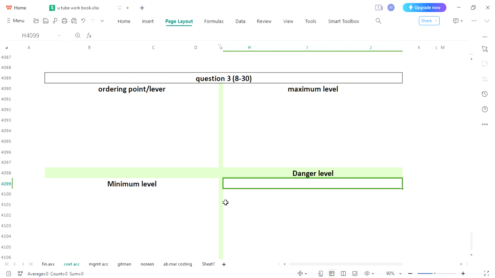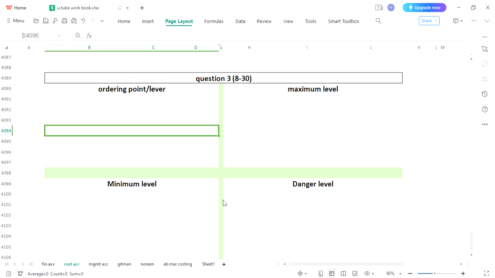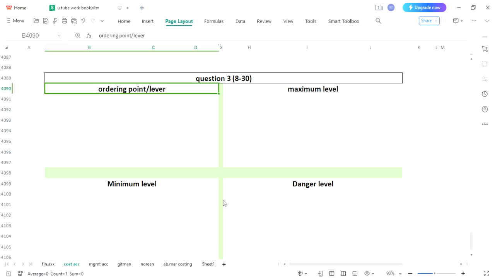Under these factors we have learned how to calculate maximum, how to calculate minimum, how to calculate the ordering level, and how to calculate the danger level. So these are four factors associated with the material inventory system.